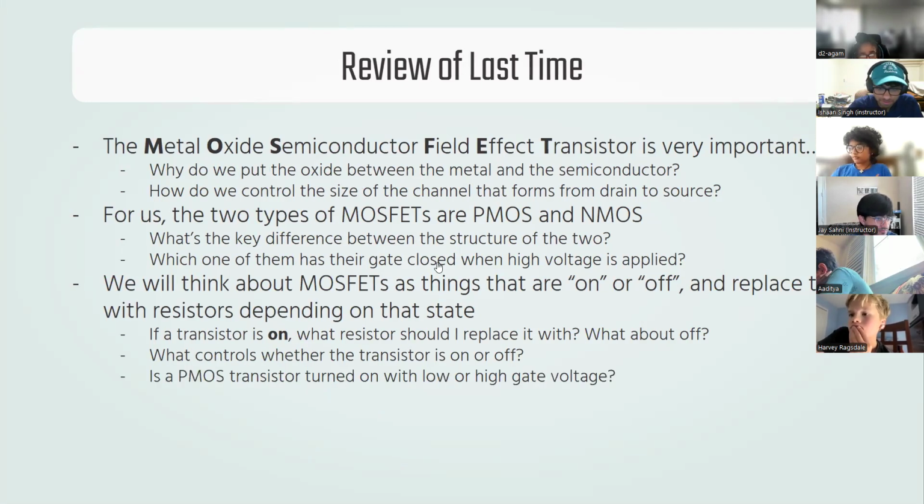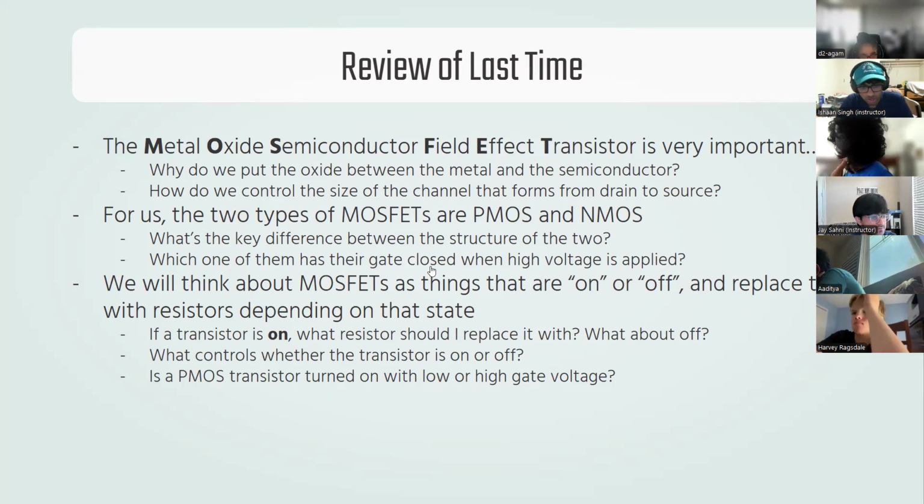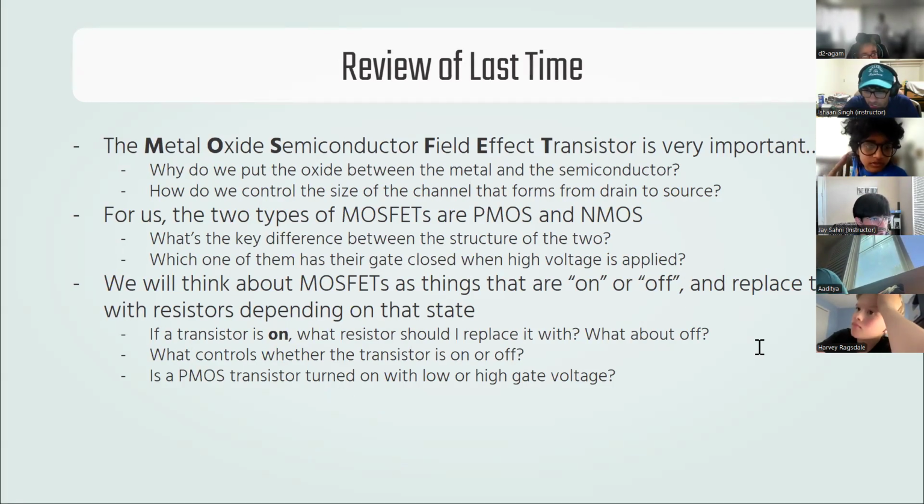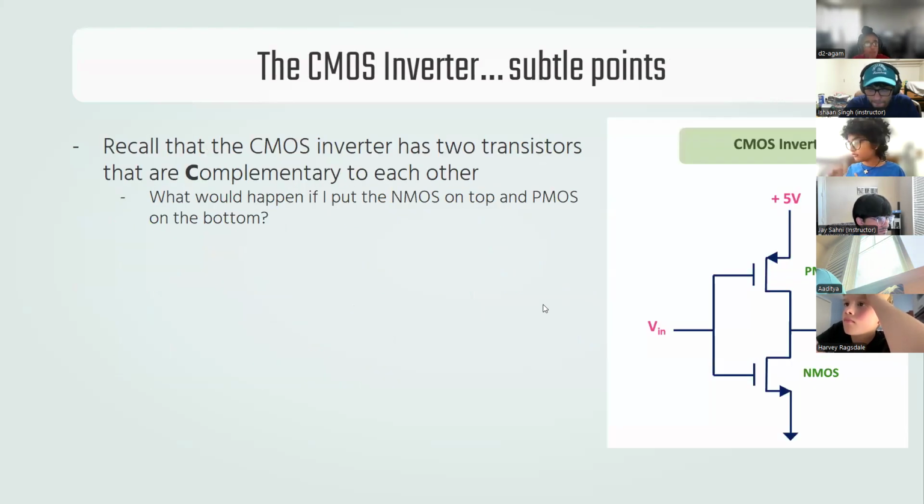I'm just looking for the buzzword here. Okay. And so again, is a PMOS transistor turned on with a low or a high gate voltage? Low. And does on mean the resistance is low or the resistance is large? Low. Exactly. You got it.